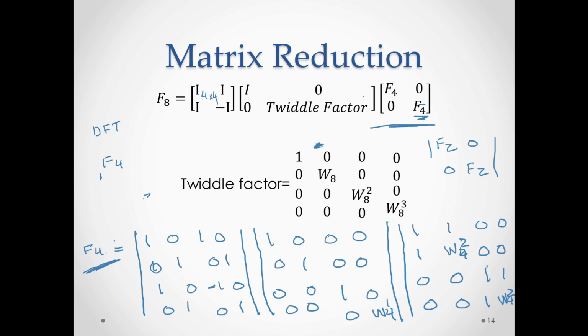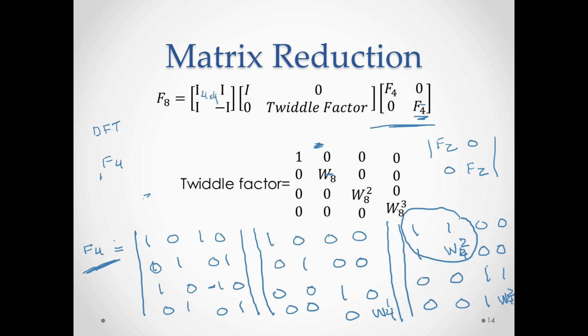If it's difficult to calculate this term, we can write F2, and F2 would further be calculated using simple matrix reduction.